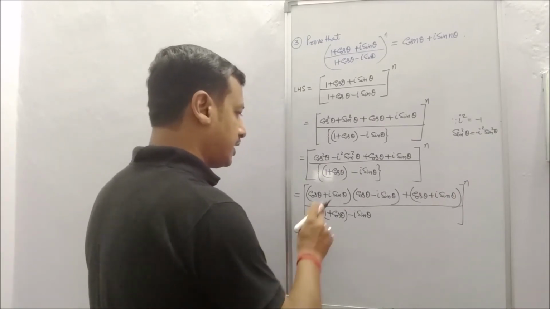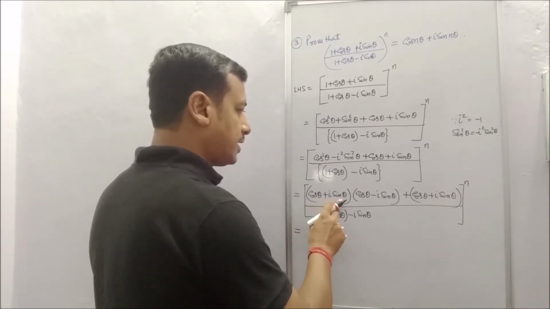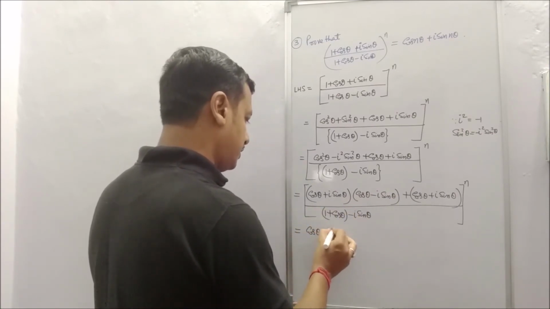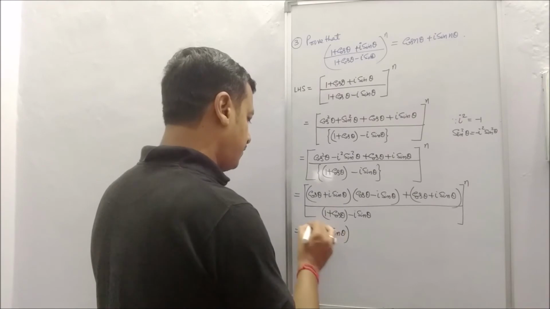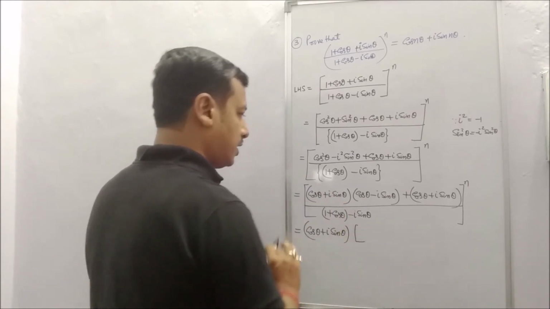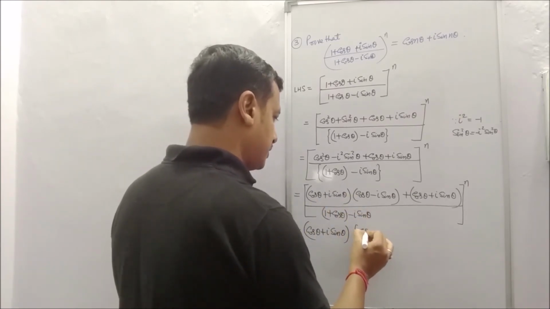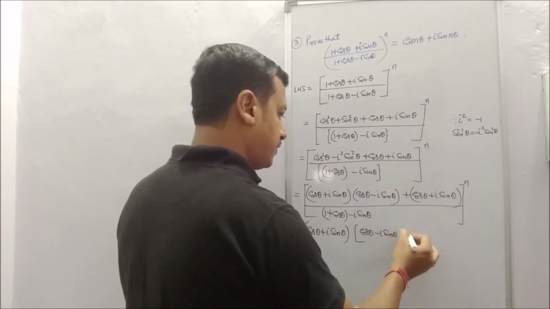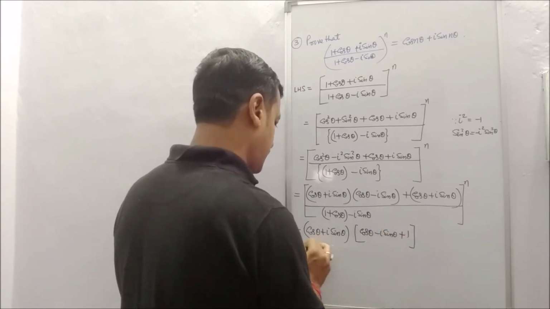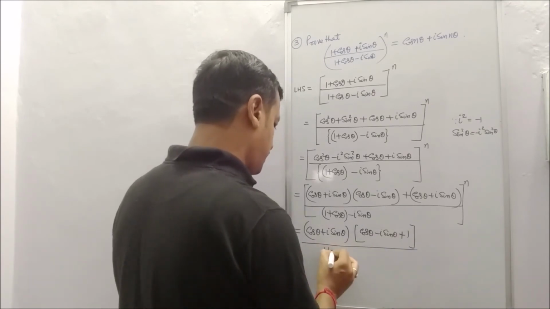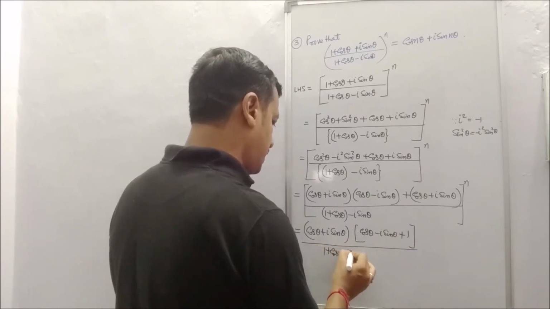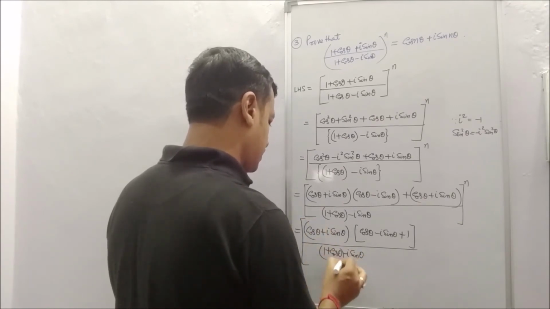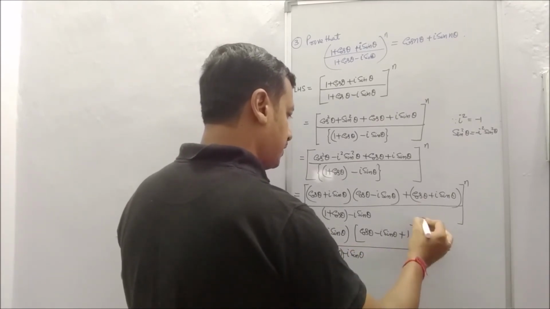Next, cos theta plus i sin theta is in both terms, so taking it as common, we are left with cos theta minus i sin theta plus 1 divided by 1 plus cos theta minus i sin theta, whole to the power n.